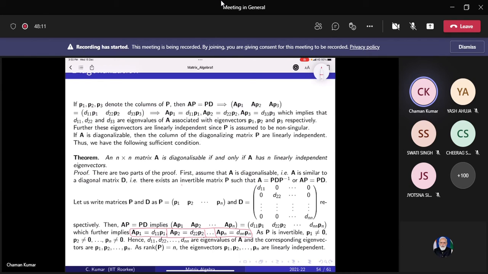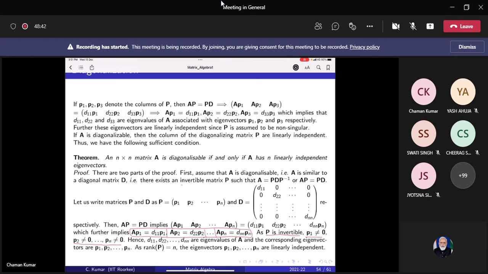P is invertible, right? So that means none of the columns of P will be 0. If any one column of P is 0, then the determinant of P will be 0 and P will not be invertible. So since P is invertible, every column of P should be non-zero. So P1 is not equal to 0, P2 is not equal to 0, Pn is not equal to 0.